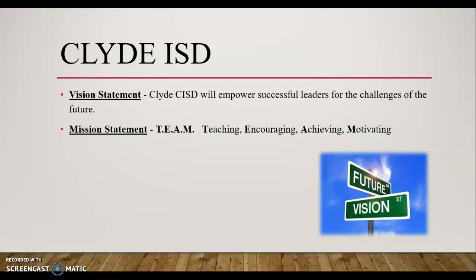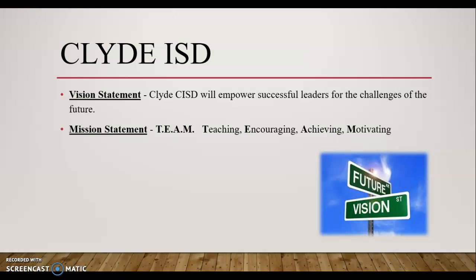So teaching the students to help better themselves, not only academically, but as people and citizens. And then they want to encourage them to seek what the students would like to be, and whatever field they would like to go into.